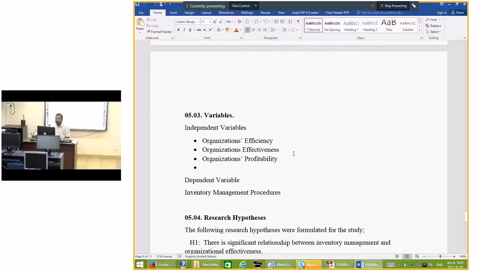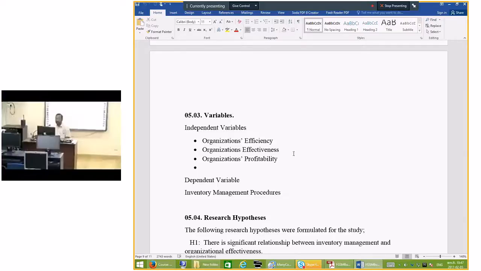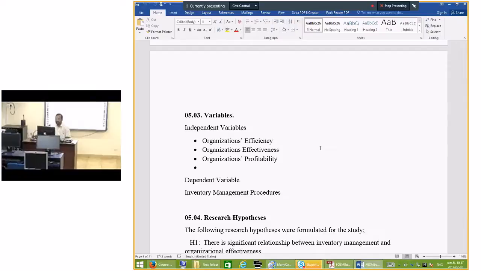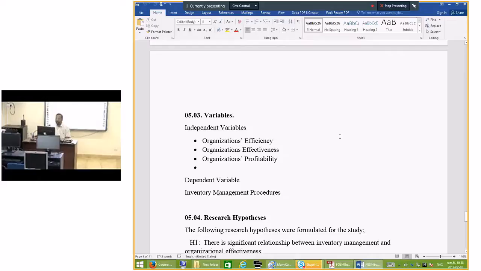Independent variables are organization... No, this is wrong. Your independent variables, what are they? Organization's efficiency or effectiveness and profitability. These are dependent variables. Efficiency or effectiveness or profitability is the dependent variable.